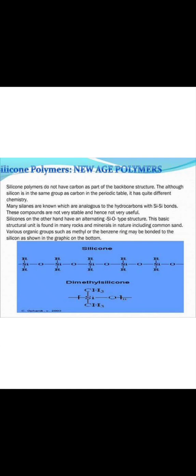These silicone polymers do not have carbon as a part of the backbone, but in place of carbon, the group element called silicon is present, and this silicon can have the same properties as carbon, like catenation, tetravalency, and so on.